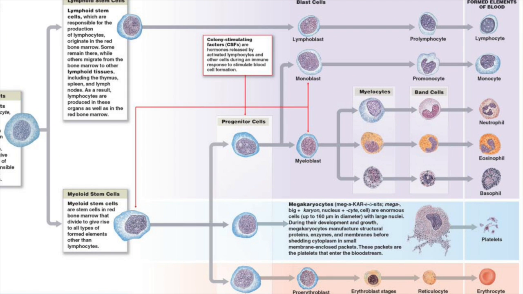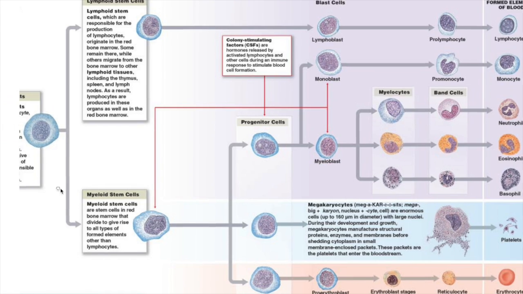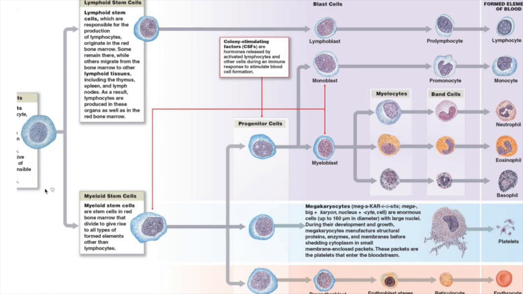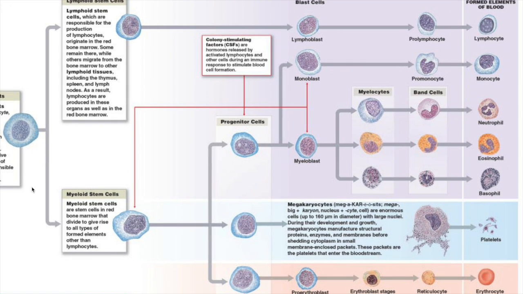This chart shows how all the different blood cells are formed, and you don't need to know all of this. You just need to know they all start as a hemocytoblast. See a hemocytoblast right here? And then they're going to develop either into a lymphoid stem cell or a myeloid stem cell.